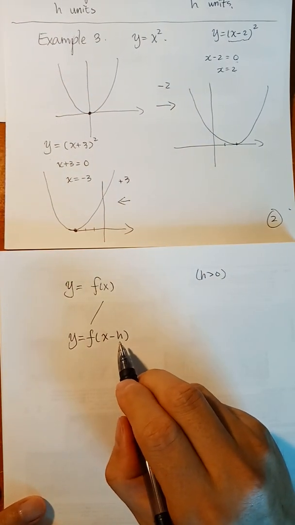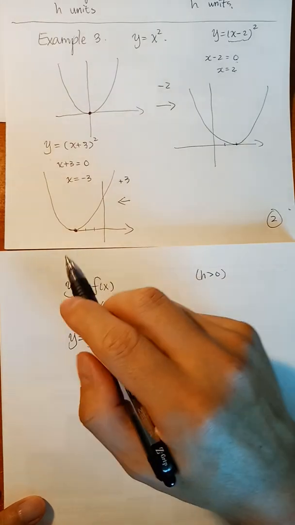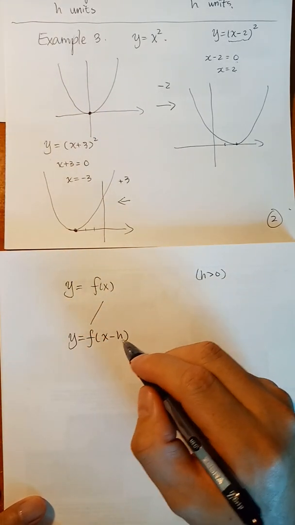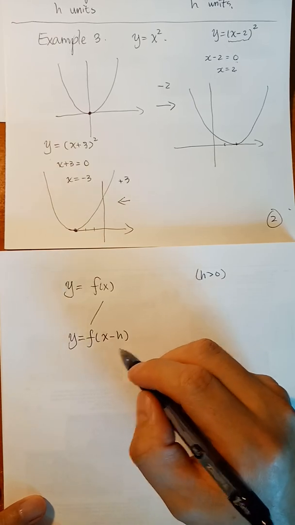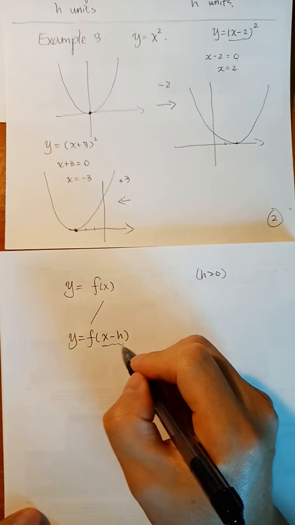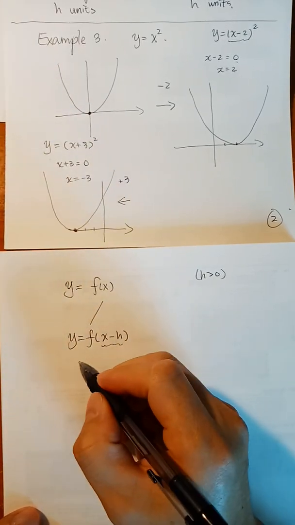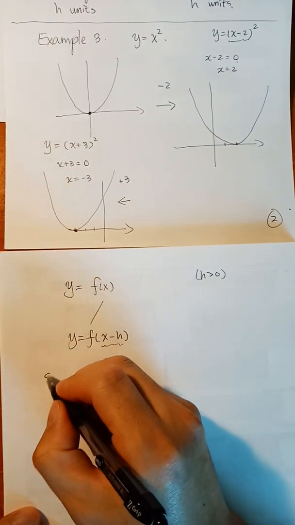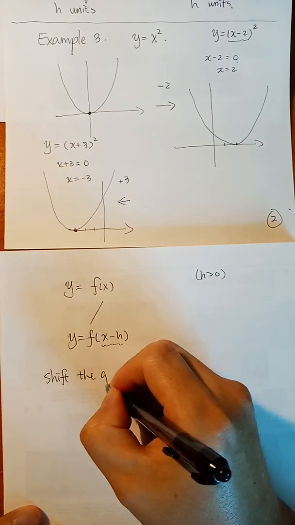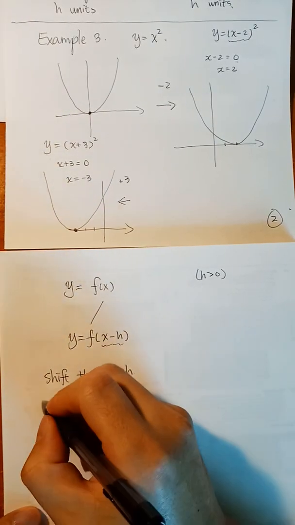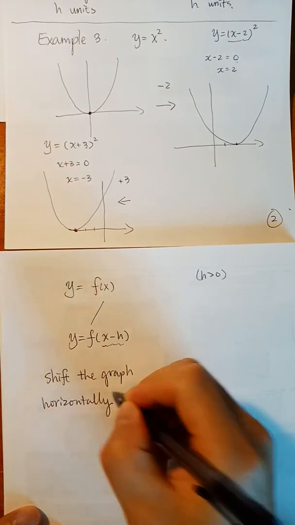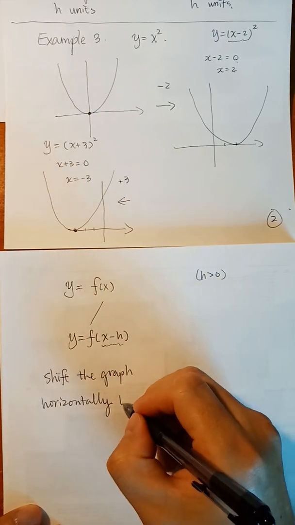It is x directly minus h, f(x minus h), not f(x) minus h. Okay, so be careful. x minus h. When you have x minus h, let's check. You're going to shift the graph horizontally to the right.